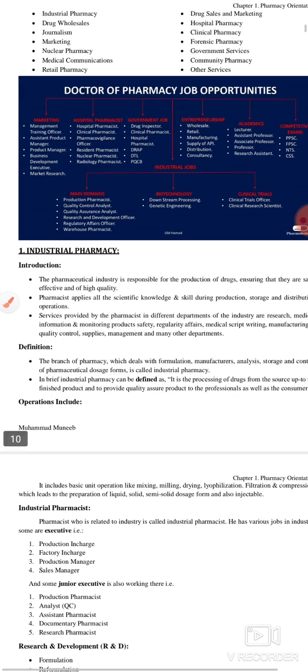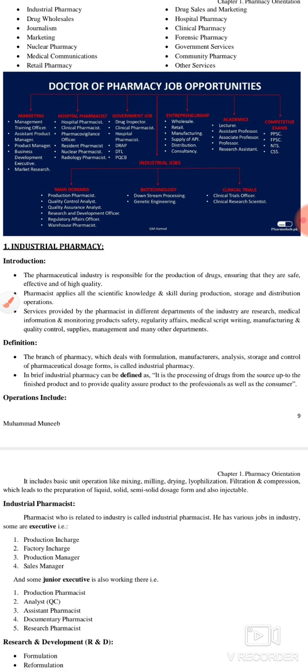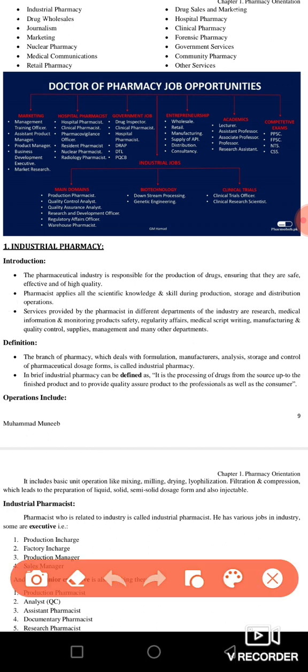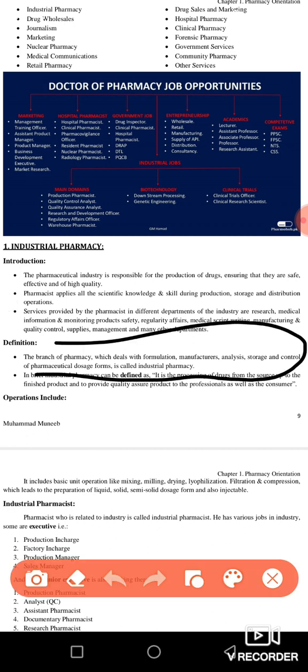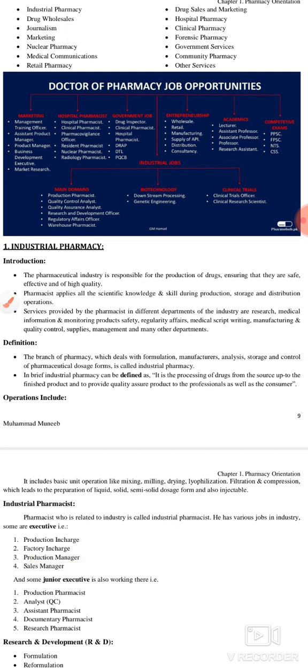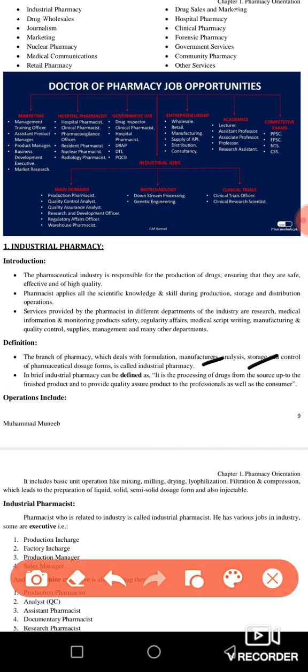Now let's see the definition. The branch of pharmacy which deals with the formulation, manufacturing, storage, and control of pharmaceutical dosage forms is called industrial pharmacy. This is a really important definition. A brief definition of pharmaceutics is also given here: it is the processing of a drug from the source up to the finished product.